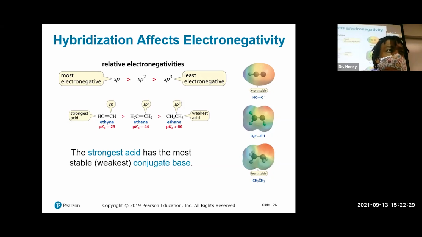Okay, so we would say this triple bond is more stable than the single bond, because you had that extra connection. It's also shorter, it's tighter, right? So which one is going to be the strongest acid? Triple bond, right?